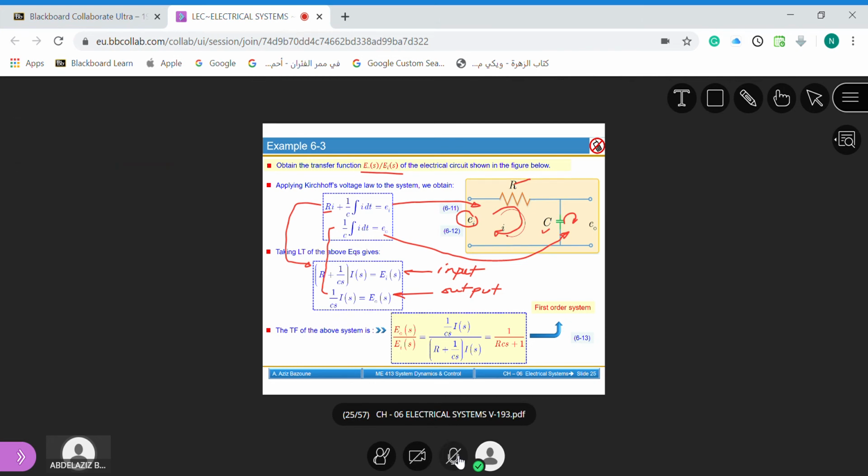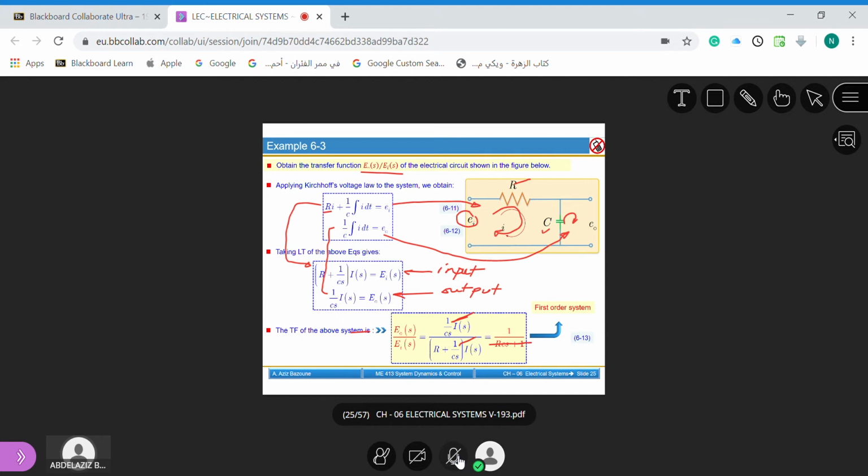E naught is simply 1 over CS I of S, and EI is simply R plus 1 over CS, times I of S. You simplify by I of S, and you will find that your transfer function is 1 over RCS plus 1.